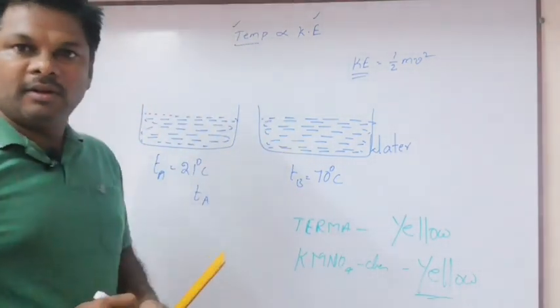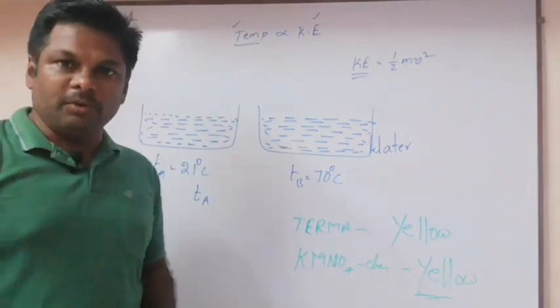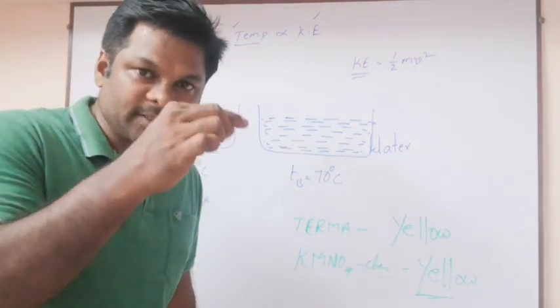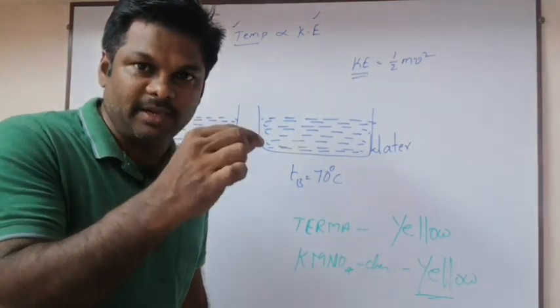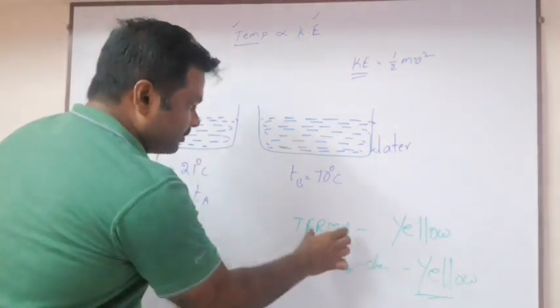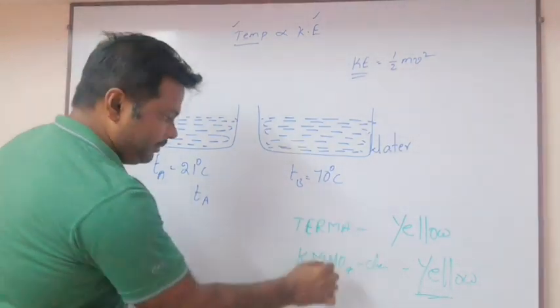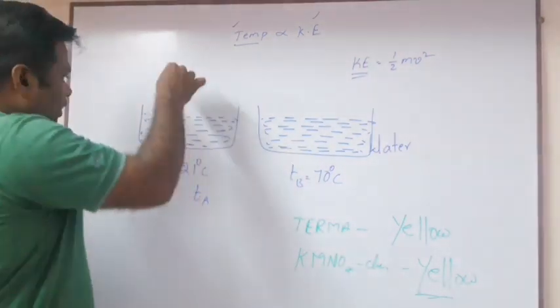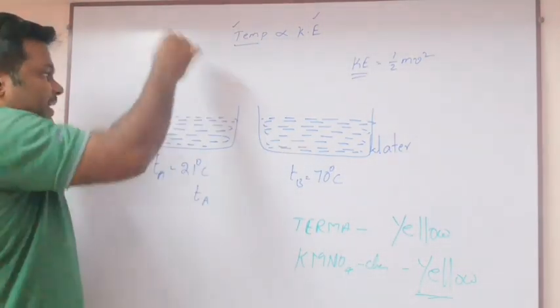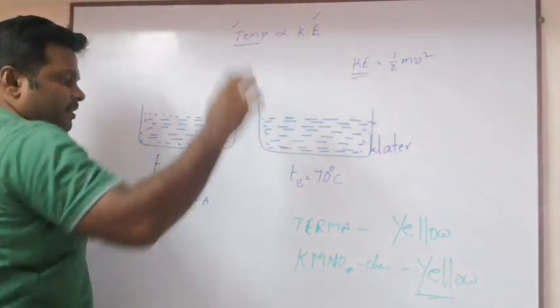Now we can sprinkle this turmeric powder or KMnO4 on the surface of water, you can sprinkle it lightly.